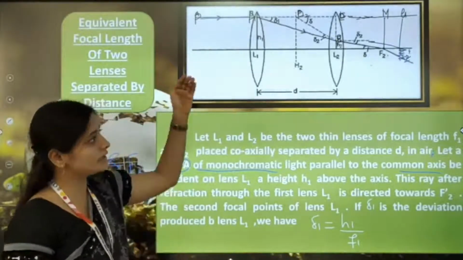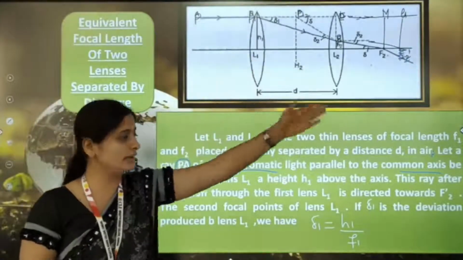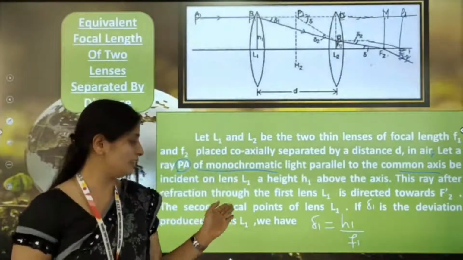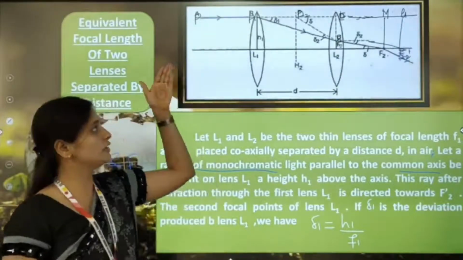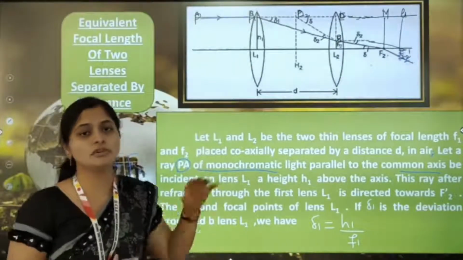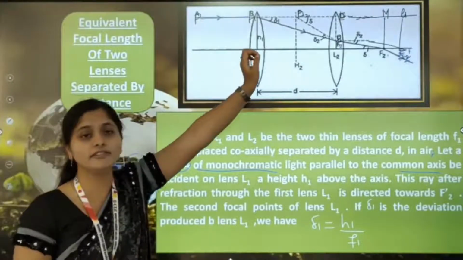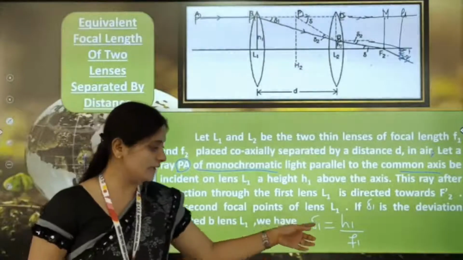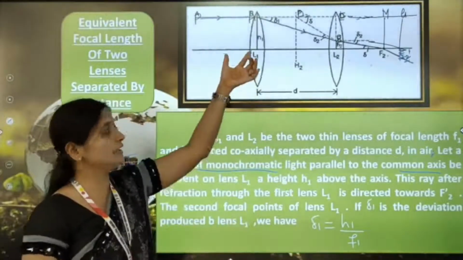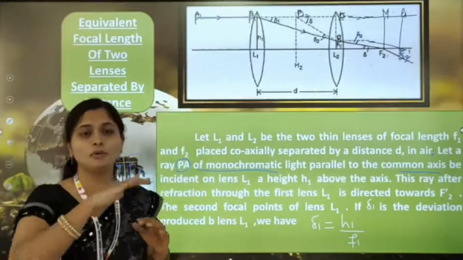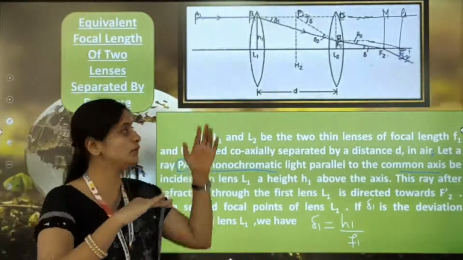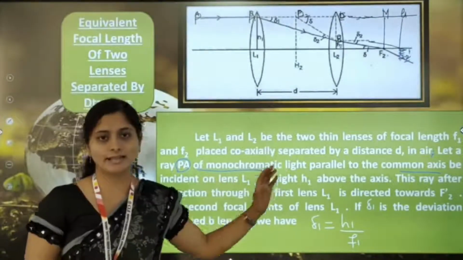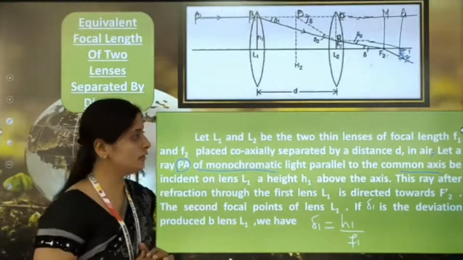Refraction takes place and the ray goes towards the point F2 dash. The angle of deviation is delta 1, equal to H1 divided by F1, where H1 is the height from the ray to the principal axis. This is explained in the first slide. We'll move to the next.